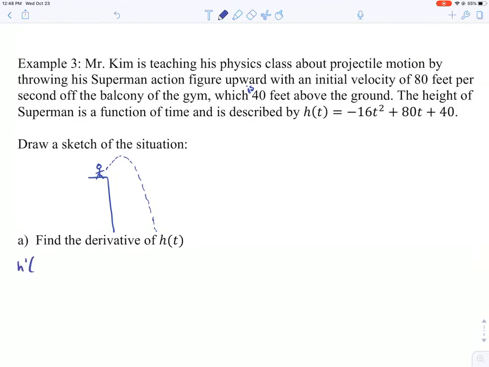So that's going to be h prime of t. And we're taking the limit as h approaches 0 of our difference quotient, which will be negative 16 times t plus h squared. Notice I'm just using t's instead of x's, plus 80 times t plus h plus 40, and then minus h of t.